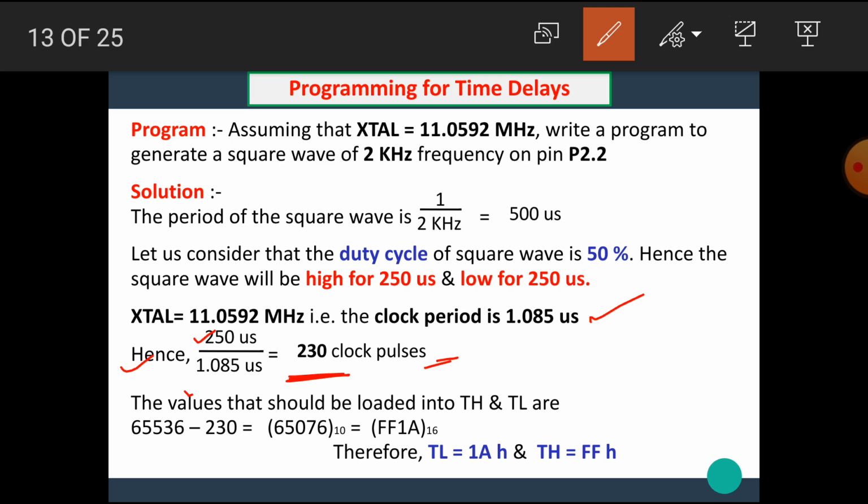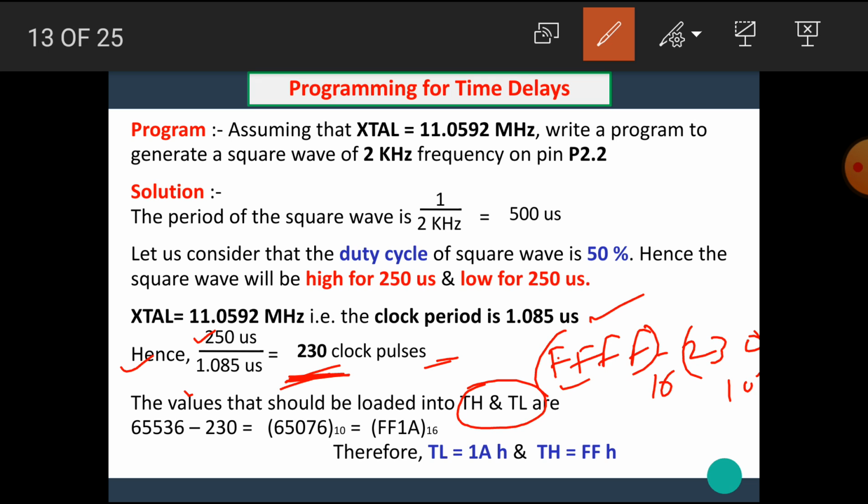Now we have to find the values for TH and TL by subtracting this 230 value from the maximum timer value, FFFF minus 230. But FFFF is hexadecimal and 230 is decimal.